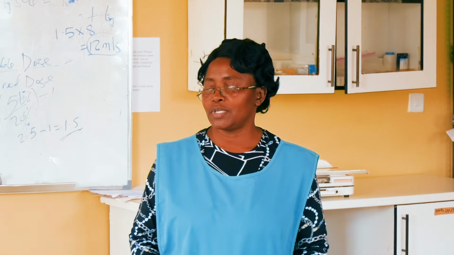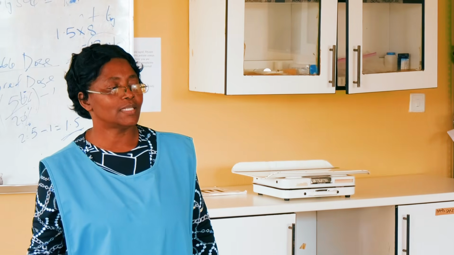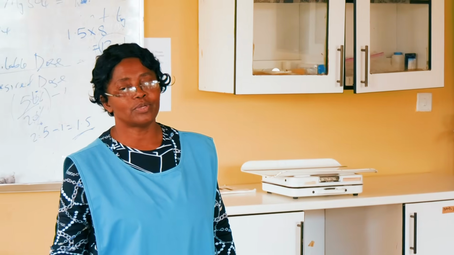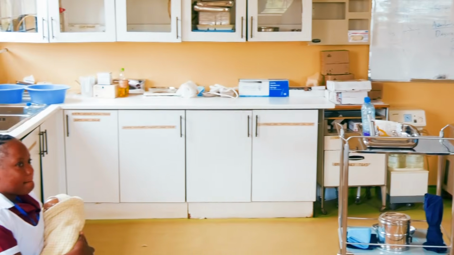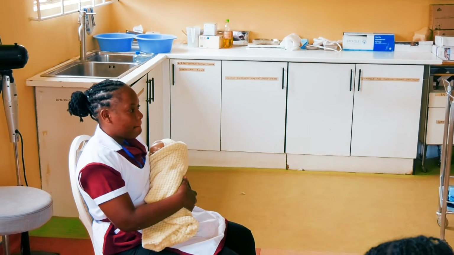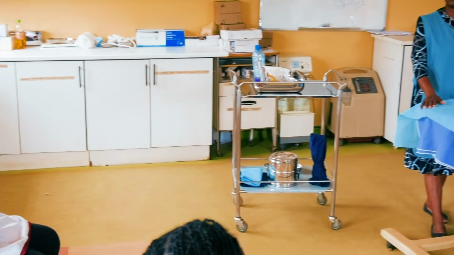For us to be able to examine, there is certain equipment that we need to have on hand, so that in case of need, we should be able to use it. We have our mother there with the baby, and then we also need a flat surface where we are going to examine the baby. This flat surface should be positioned where the mother can easily see.